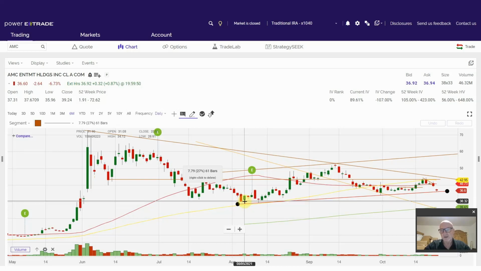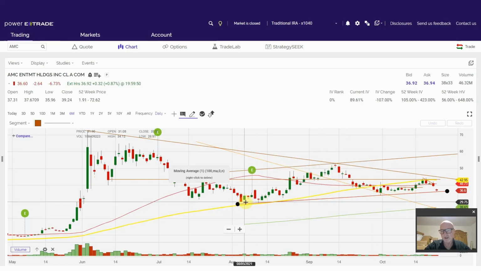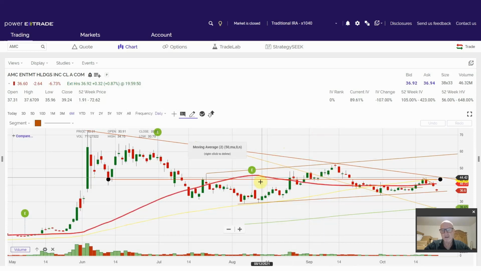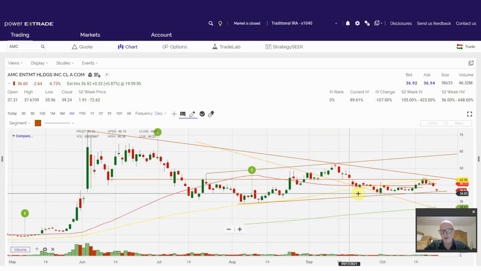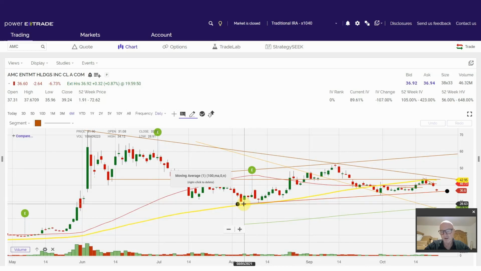So in theory, the 30 could be reasonably safe. If I was going to try to pick a price, I would go to the lowest point technically on all of the candlesticks and go below that. And theoretically, you should try to go 10% below that.